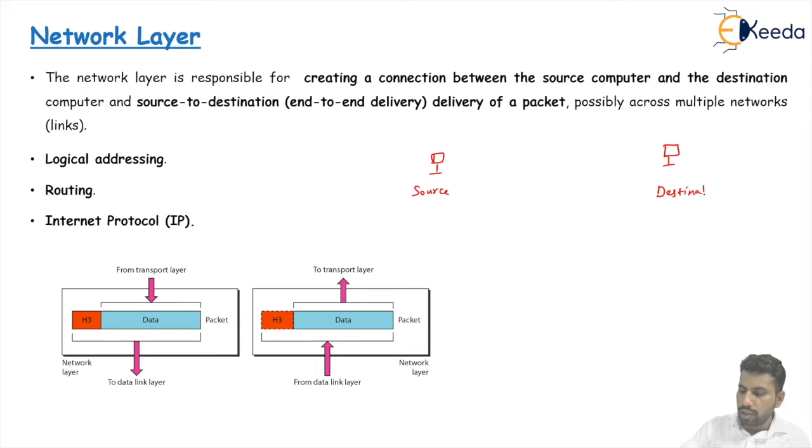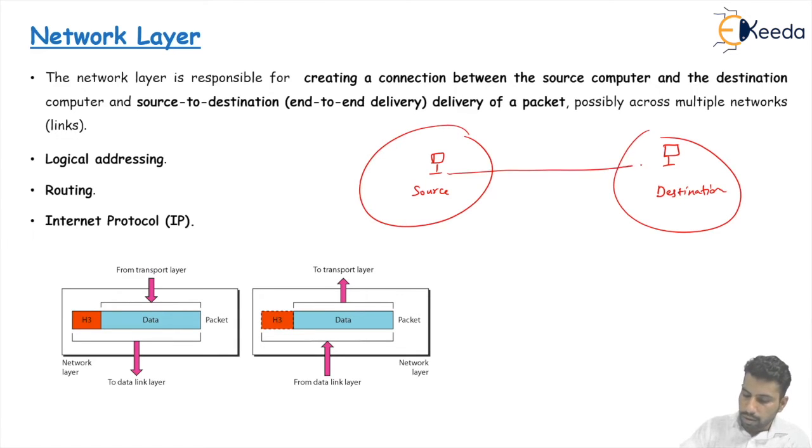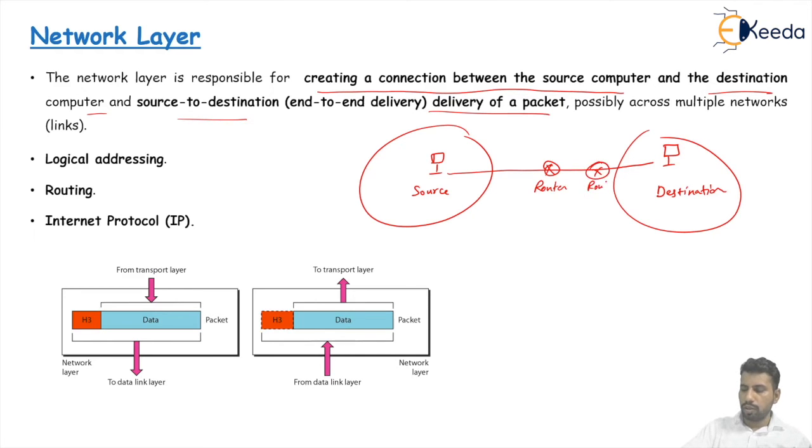When the source and destination are present in different networks, it is the responsibility of the network layer to create a connection between the source computer and the destination computer, or source to destination delivery of a packet. When both the sender and receiver are present in the same network, it is easy to send the packets. But when they belong to different networks, with a router in between them, or having different networks between them.